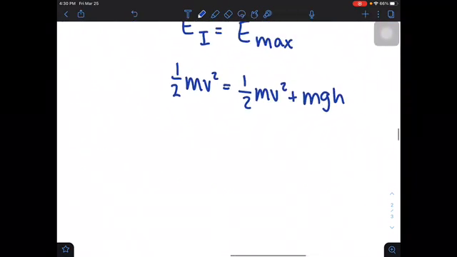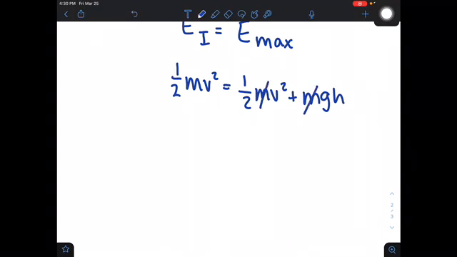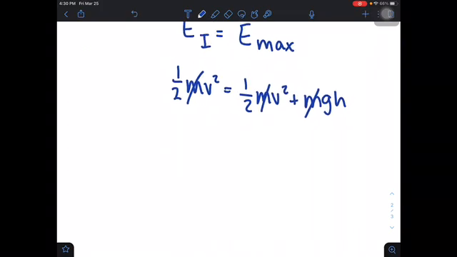So we don't know the mass of our ball, but that's unimportant because we have the ability to cross out all the masses. Since they're equal, we can divide.